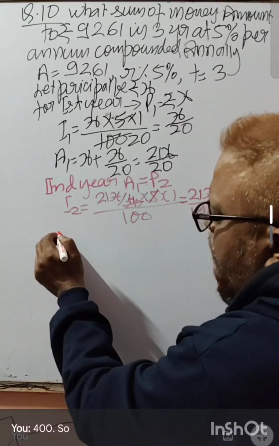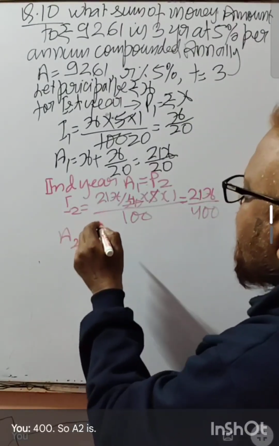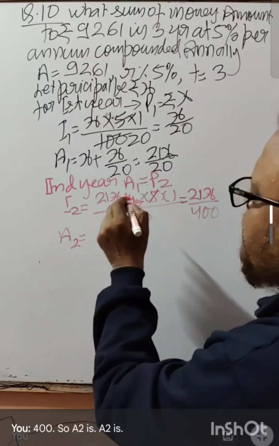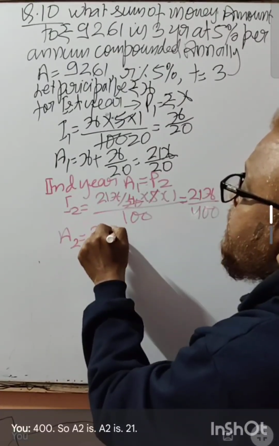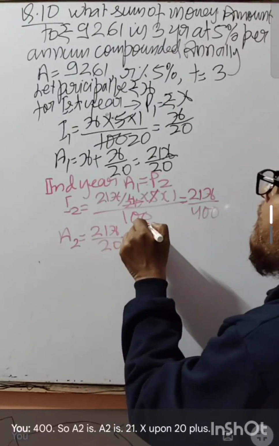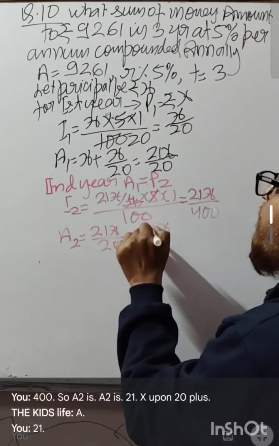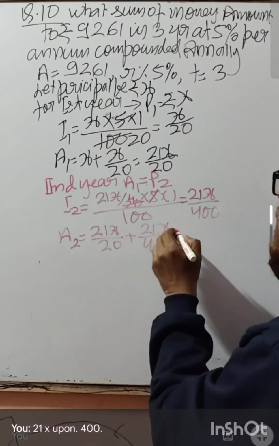So A2 is 21x upon 20 plus 21x upon 400. Right?